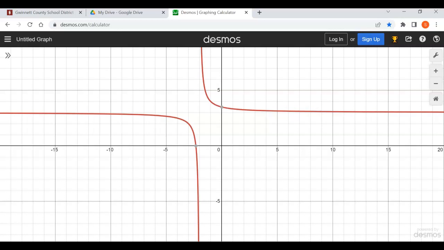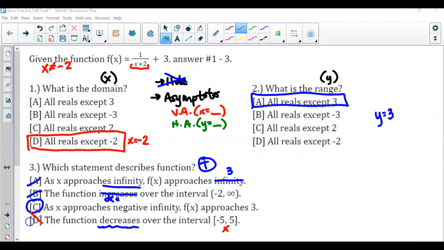Well, no, because it's split, right? We have this vertical asymptote at -2. So the graph technically is not continuing on because it's stopping at -2 and then continuing on from -2 on. So that's why the answer is not B, and it's C.